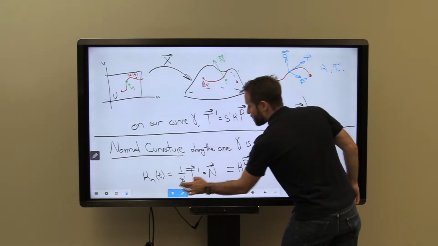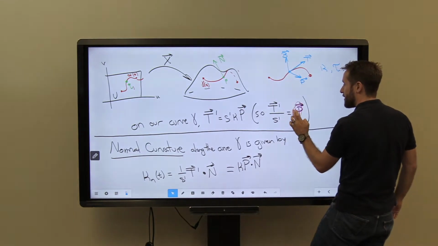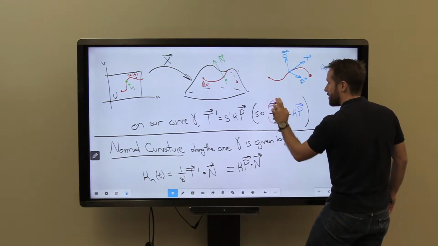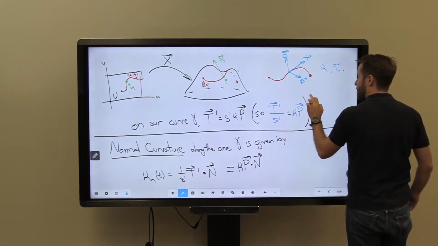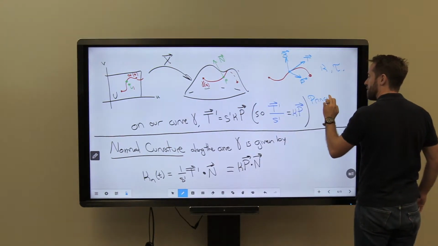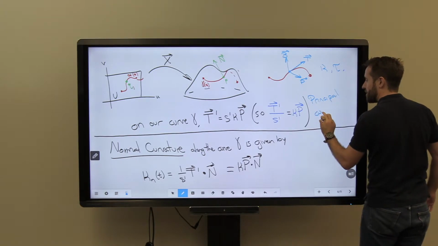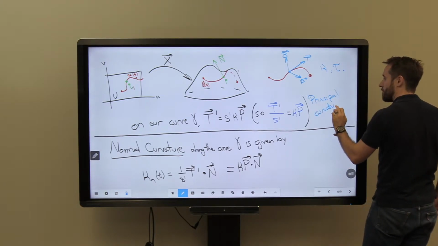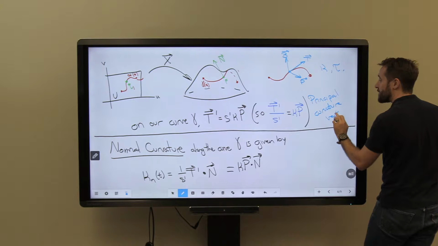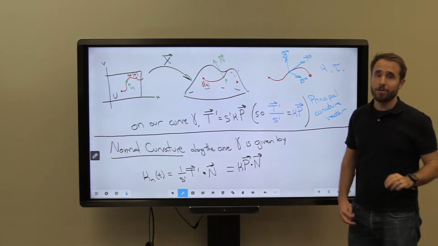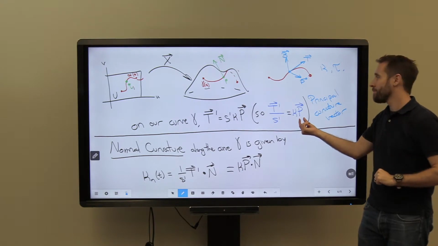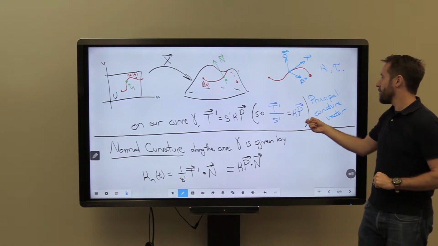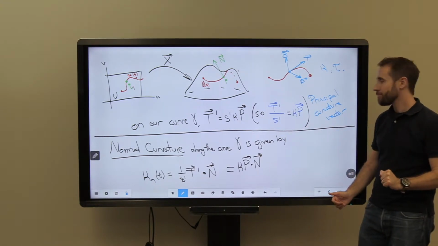And either of those expressions, either this or this, is going to be the vector that I call the principal curvature vector. It's the principal normal vector to the curve scaled by the appropriate curvature kappa. And so both of these I'm calling the principal curvature vector.